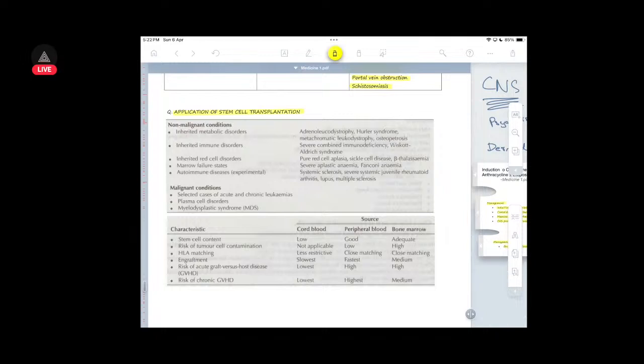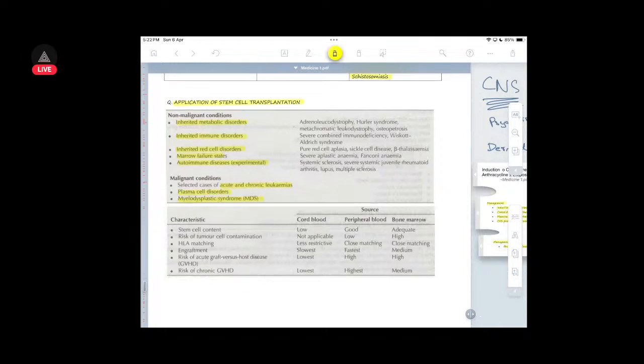So, non-malignant conditions: you have inherited metabolic disorders, inherited immune disorders, inherited red cell disorders, marrow failure states, and autoimmune diseases. And malignant conditions: you can have acute and chronic leukemia, myelodysplastic syndrome, and plasma cell disorders.